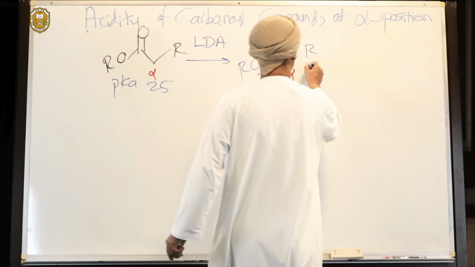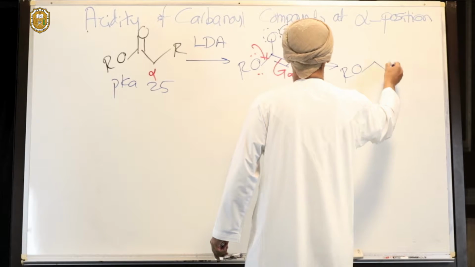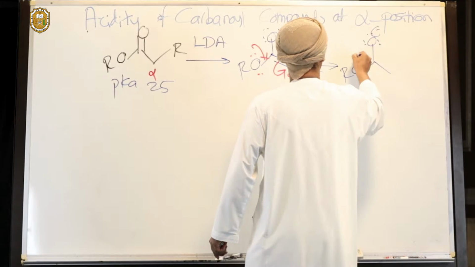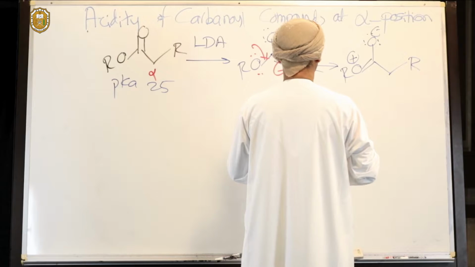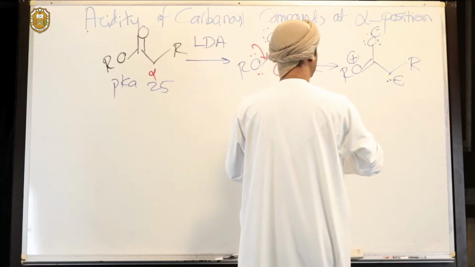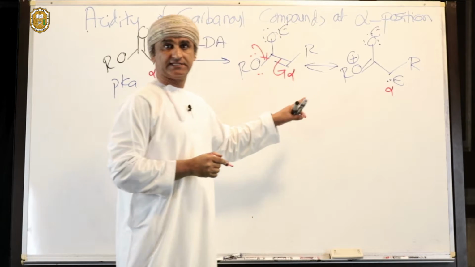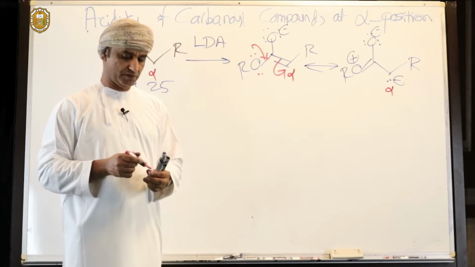So this gives us another resonance form, which explains, of course, there is a lone pair here on this position. Now this explains the relative lower acidity of esters at the alpha position compared with that of ketones.